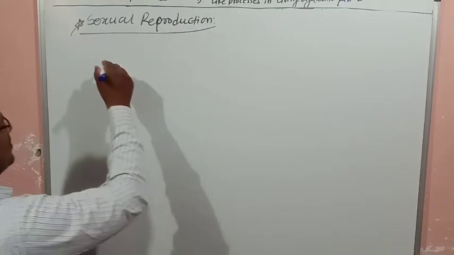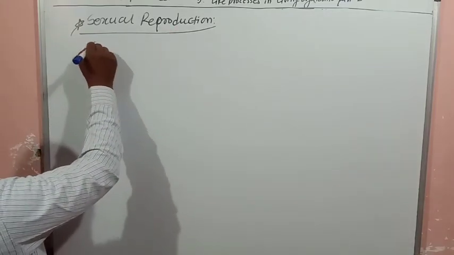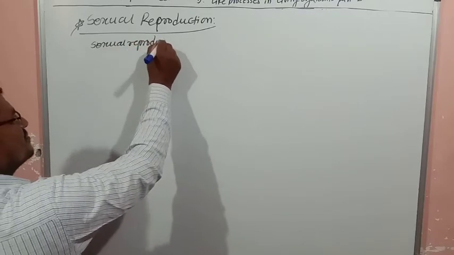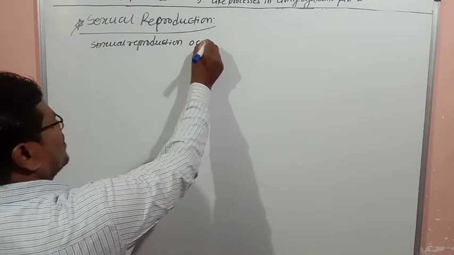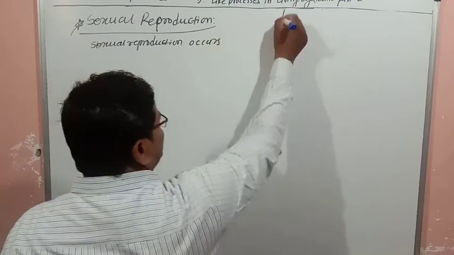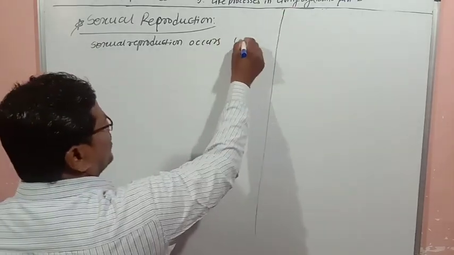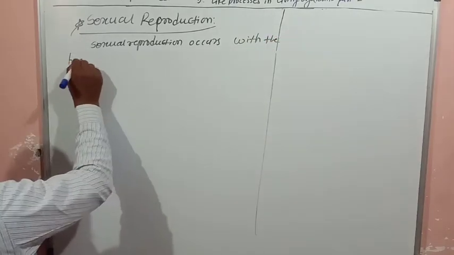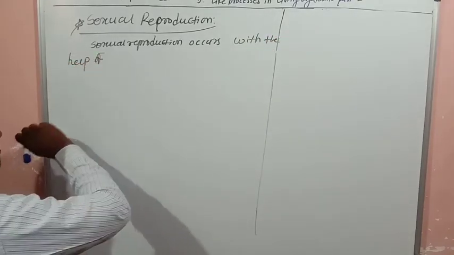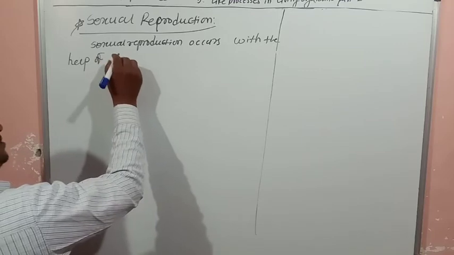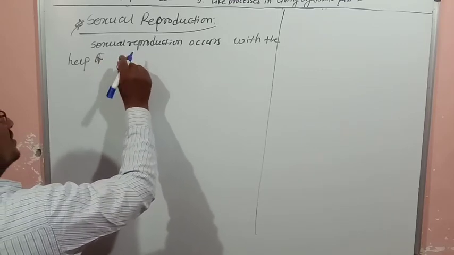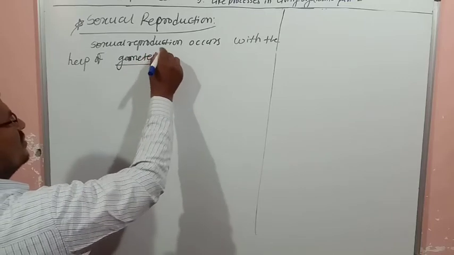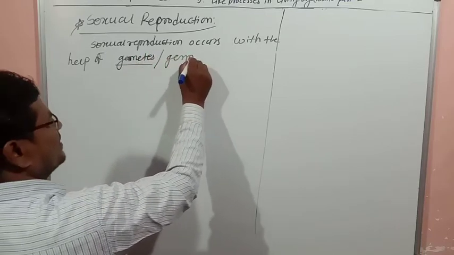In case of sexual reproduction, the first point is that sexual reproduction occurs with the help of gametes, or you can say germ cells.